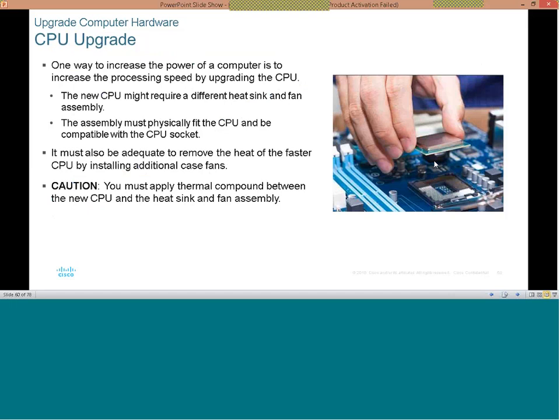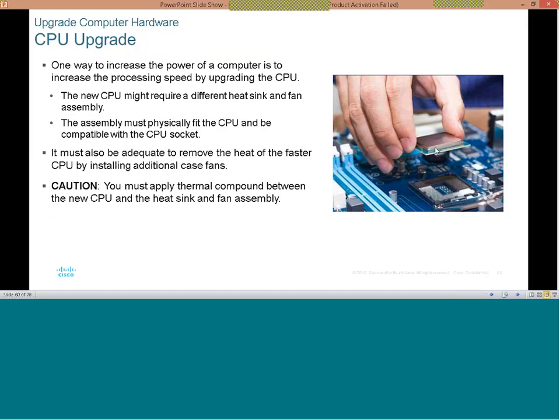So if you're changing the CPU, you also need to check the fan. You also need to check that it has the heatsink to be able to absorb heat from the CPU, and the assembly must physically fit the CPU and be compatible with it.